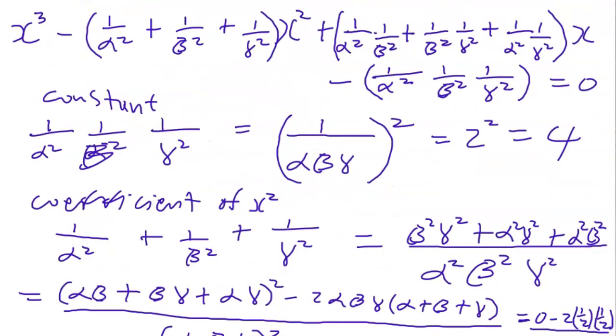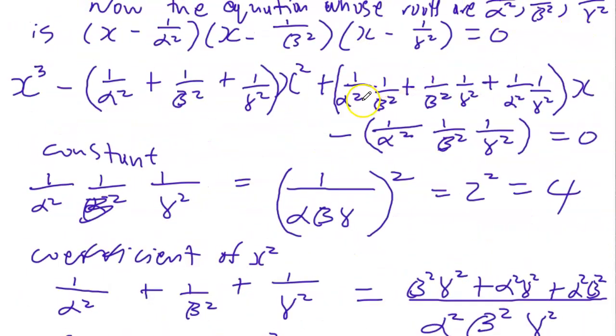Alright, so the last thing we want now is the coefficient of the x, which is the middle bracket, the second bracket. So you have in the bracket 1 over alpha square beta square, and so on. So let's do that.